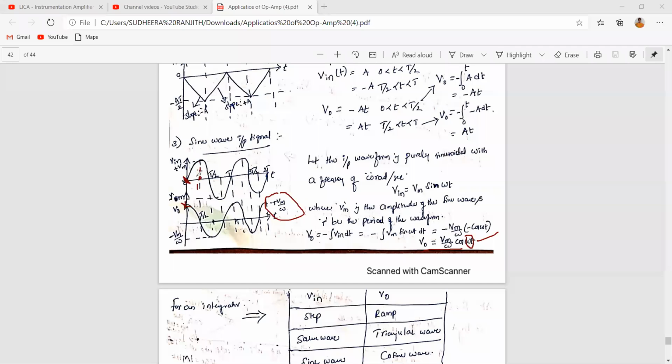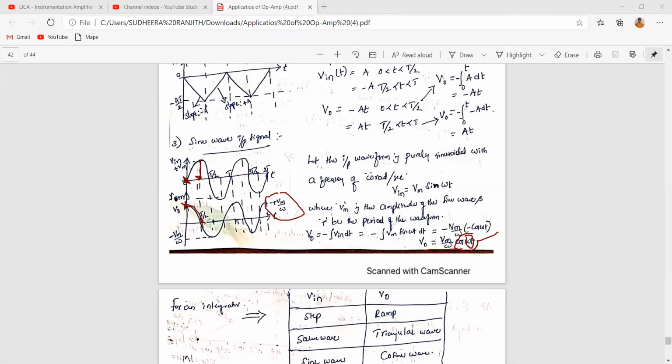If you take it in terms of angles, how much angle is here? Pi by 2, sir. Cos pi by 2, how much? 0. So that's why it drops to 0 here.